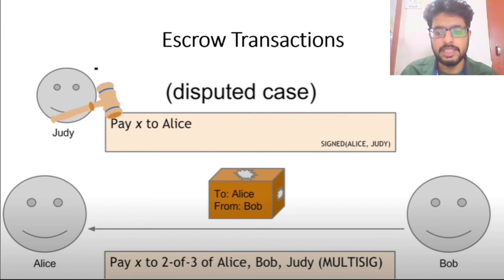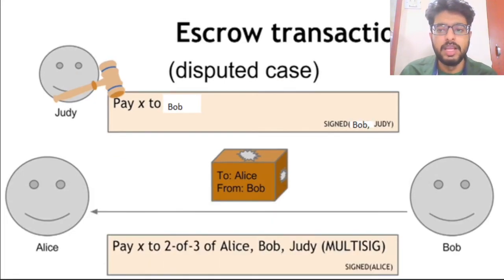If Judy decides that Bob has cheated, she will send the money back from escrow to Alice. If Judy feels that Alice is simply refusing to pay when she should, she will send Alice's money from escrow to Bob. So Judy has full control here, but she does not have to get involved unless there is a dispute.